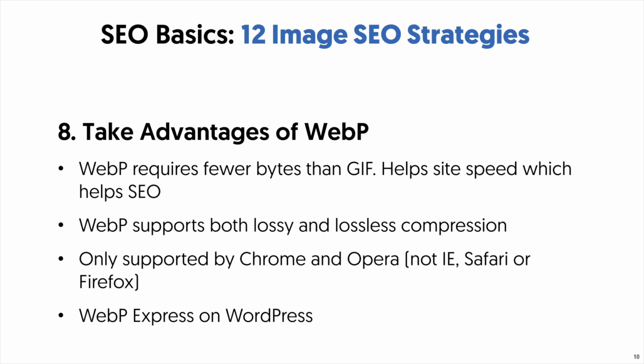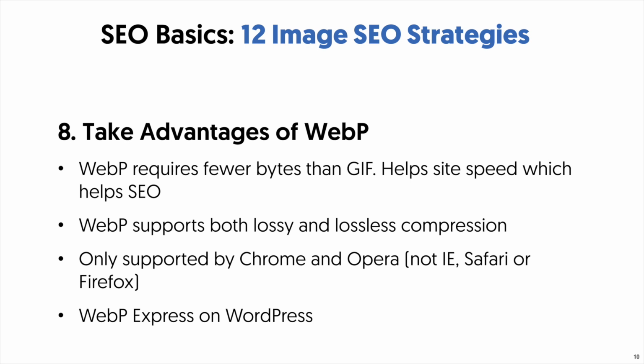Well, here's why. When people are on Chrome, it's a much better user experience. And Google, who ranks your site, is using Chrome when they're evaluating your speed. So in order to get the benefits of using WebP without having your images not show up when anyone uses Microsoft Internet Explorer, Edge, Safari, or Firefox, in the case of WordPress, you can use a plugin called WebP Express.